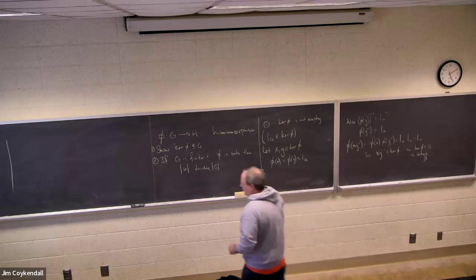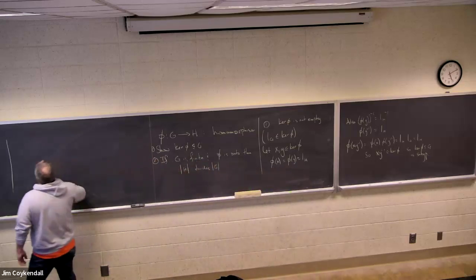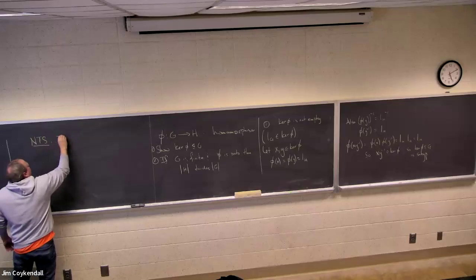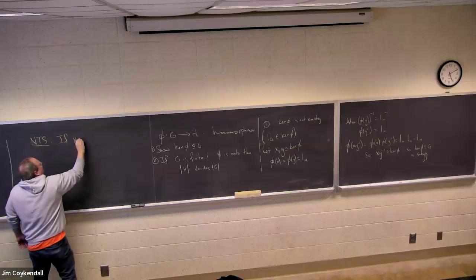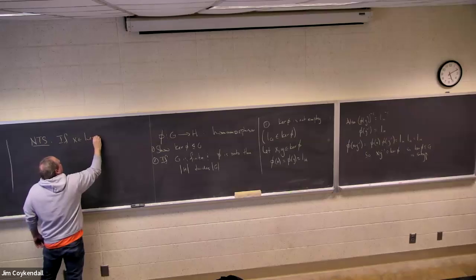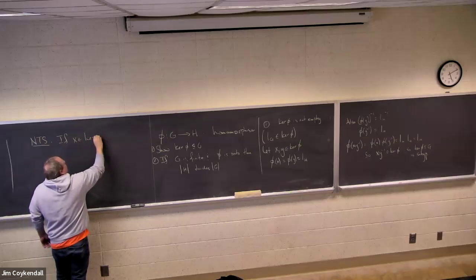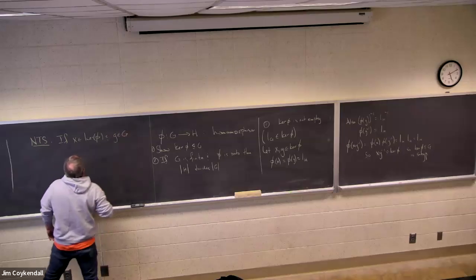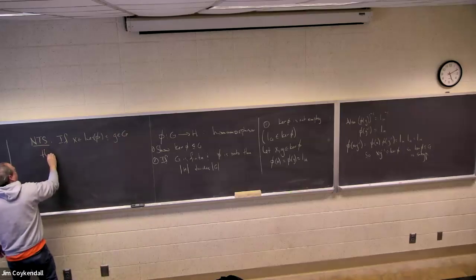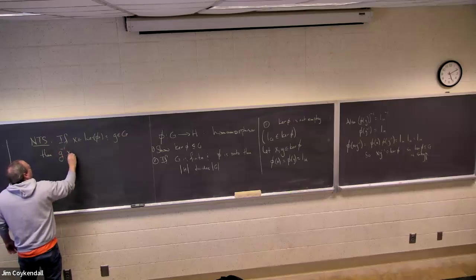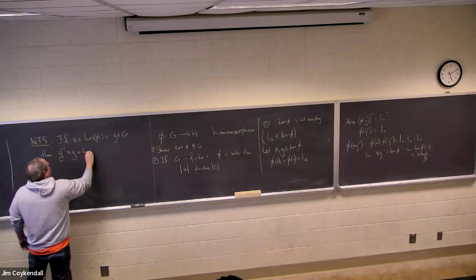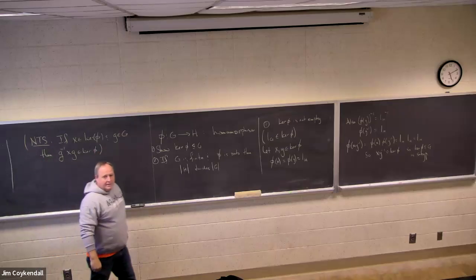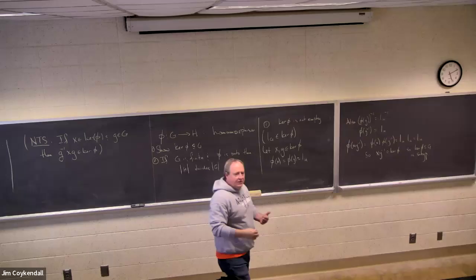So now we need to show if x is in the kernel of phi and g is in G, then g inverse x g is in the kernel of phi. Right? And that's the part that's going to give us normality.